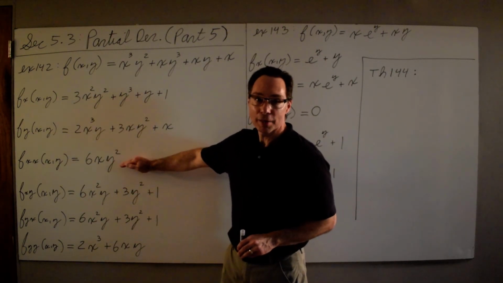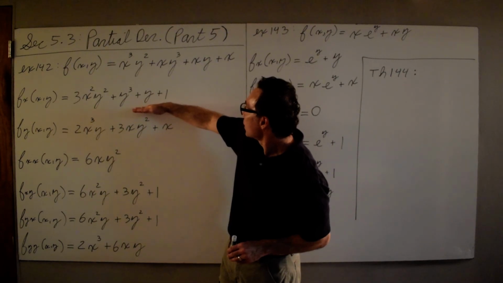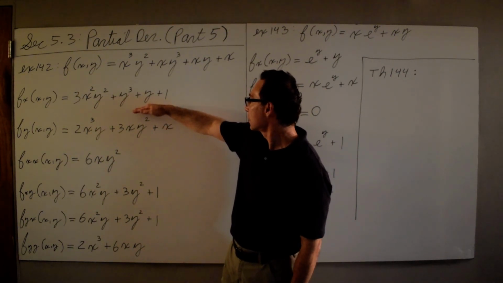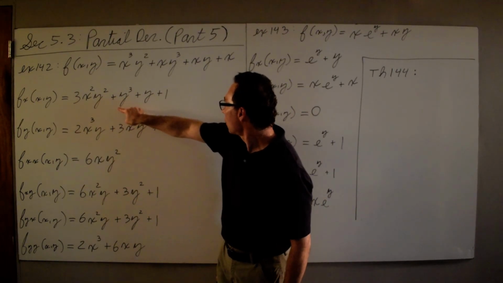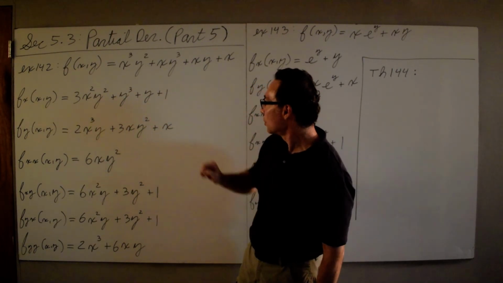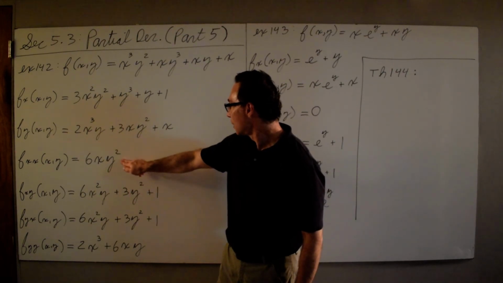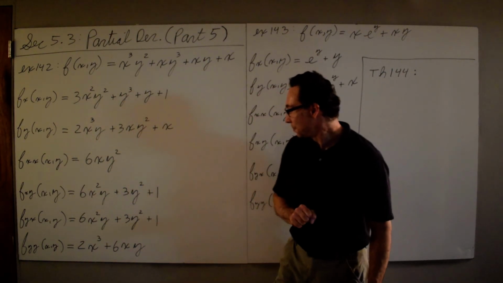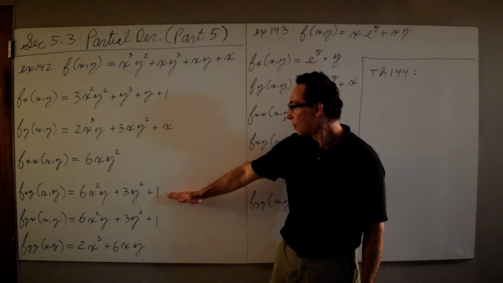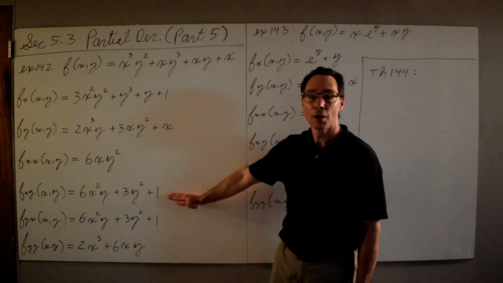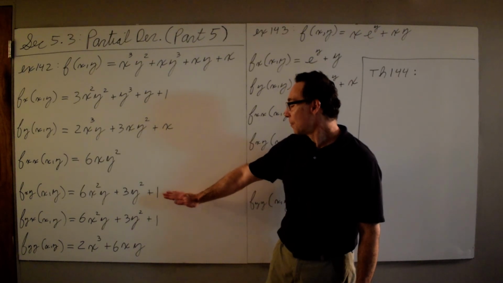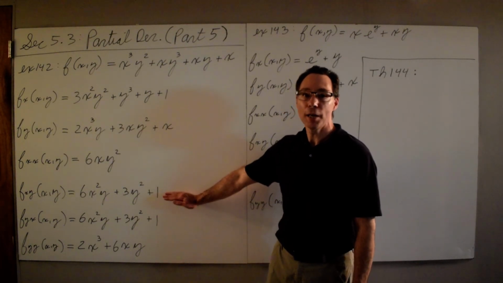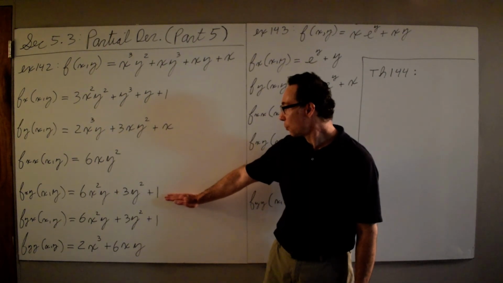Then f sub xx is a partial derivative with respect to x of the partial derivative with respect to x. The partial derivative with respect to x of the last three terms is 0, so we simply have 6x y squared. F sub xy is the partial derivative with respect to y of the partial derivative with respect to x.